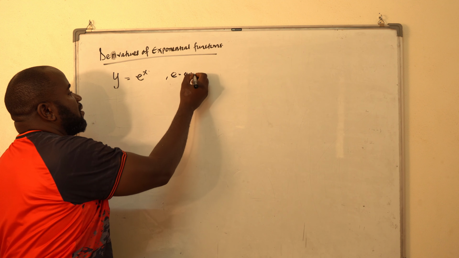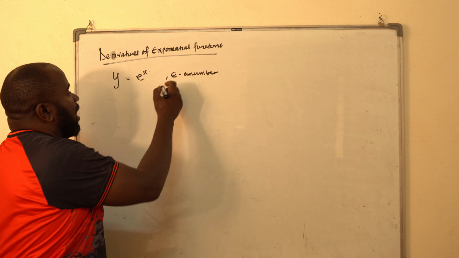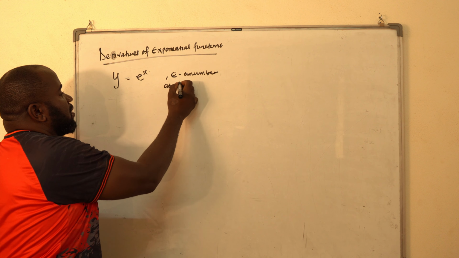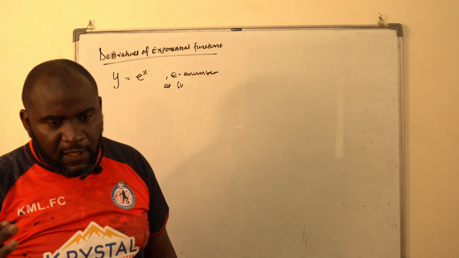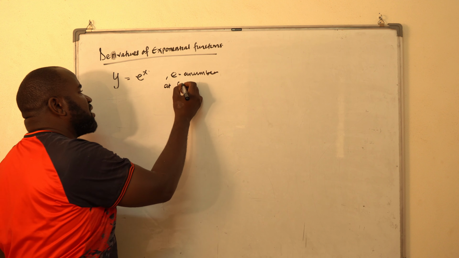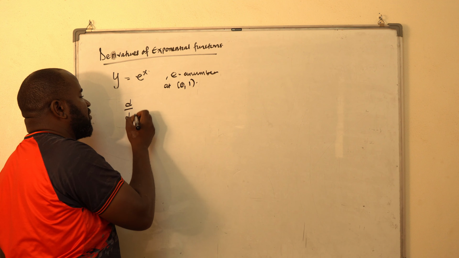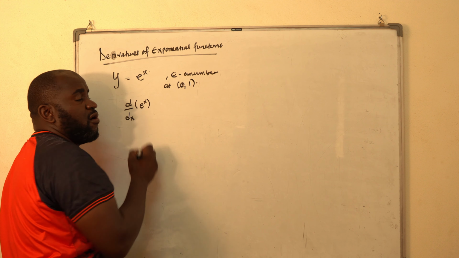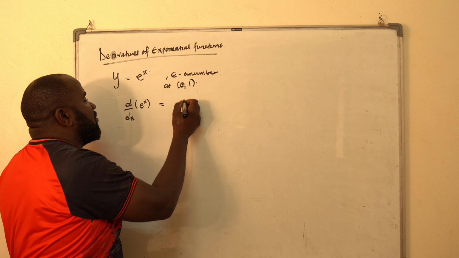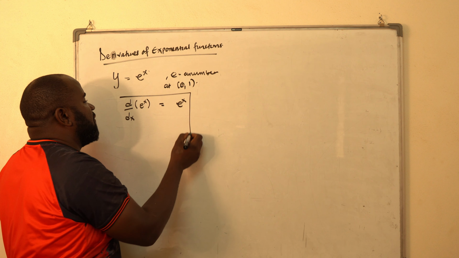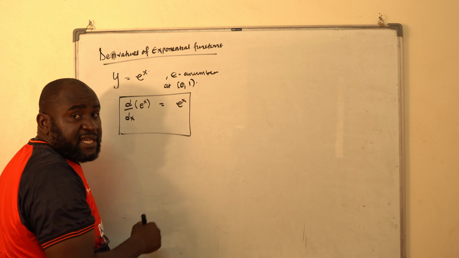So if that number is raised to a function x, at coordinate x, if you have a point which is (0, 1), then the derivative or the gradient function of that curve at that point is going to be e of x. Meaning, if you differentiate e of x, you always get e of x.